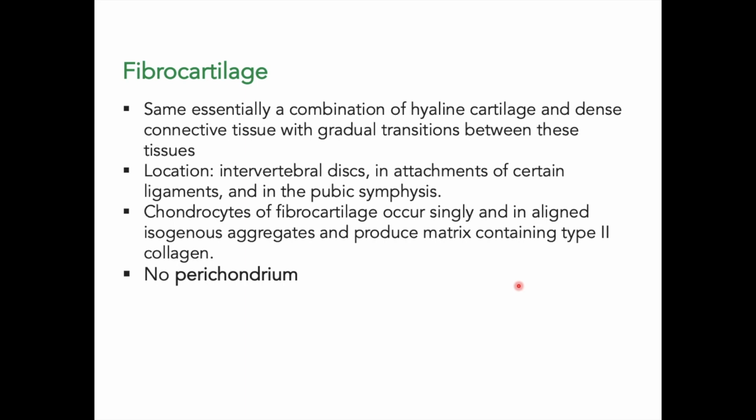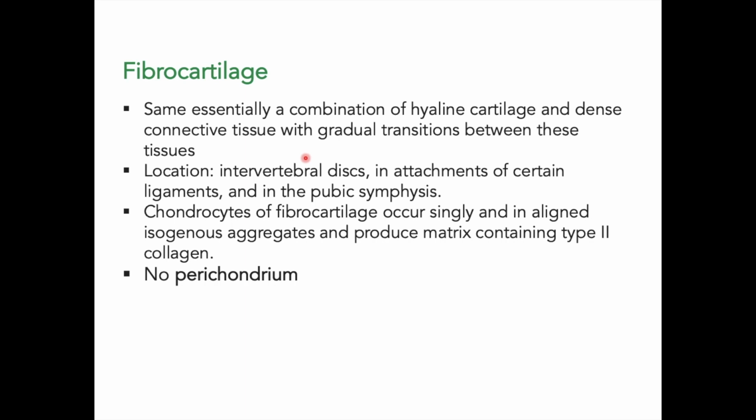And last is your fibrocartilage. Okay, same, essentially a combination of hyaline cartilage and dense connective tissue with gradual transitions between these tissues. Okay, same lang din halos, pero it's a combination of hyaline and dense connective tissue.